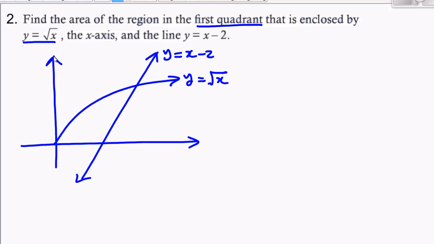Now, x minus 2 cuts the x-axis at 2. This is the x and that's the y-axis. So we know that this point here will be 2. Let me make it better.